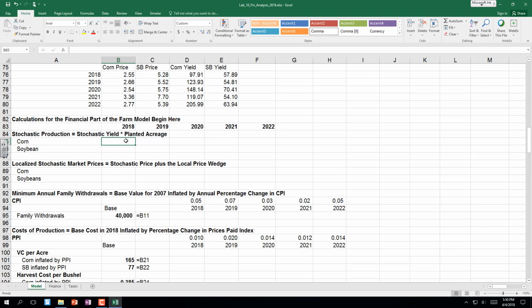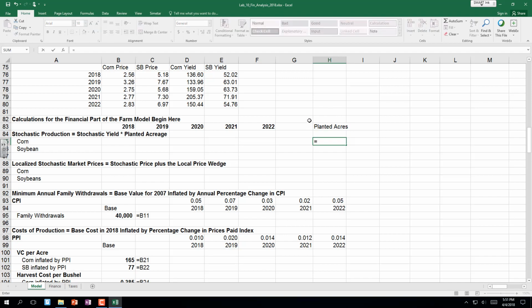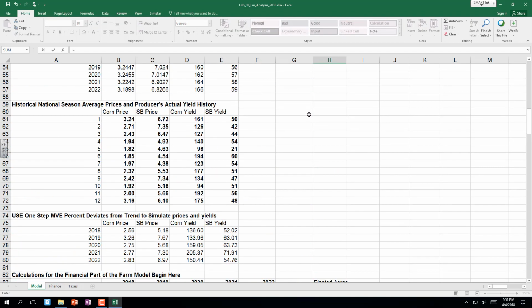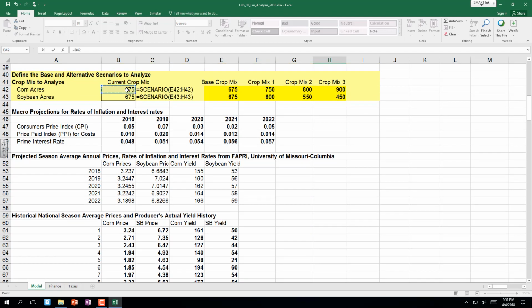Okay? So we can come over here and just for a moment, we can put in planted acres. And those numbers for planted acres are equal to that number up here we put in as a scenario, B42.